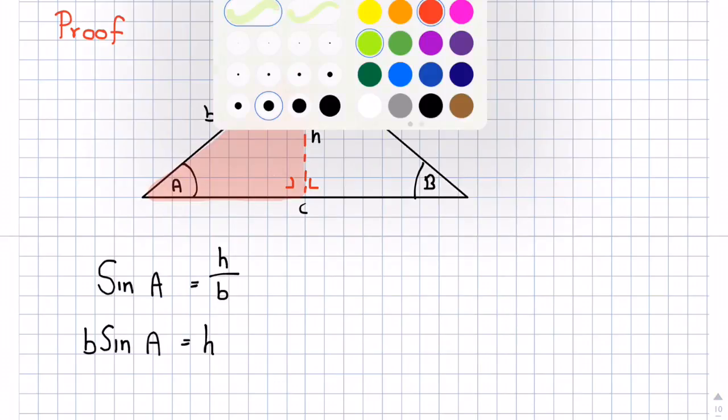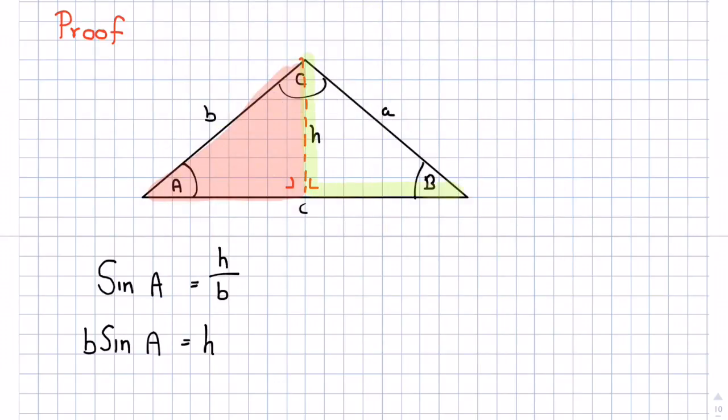And if I do the same thing for the triangle on the right, I can say that the sine of B is equal to the opposite over the hypotenuse, which is h over a. Again, I can isolate h by multiplying both sides by a, and I have a sine B is equal to h.